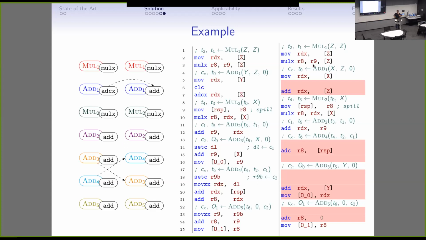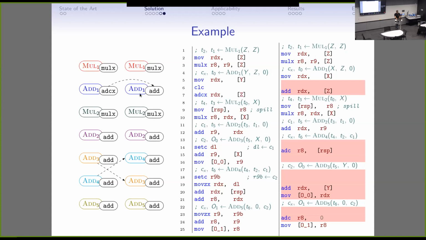R8 and R9 are the result registers, and Z is reading the value of Z from the memory. We don't see that mul_x is implicitly loading the second factor for that product from the register RDX. Okay, so that's prior knowledge that is specified in the Intel manual.